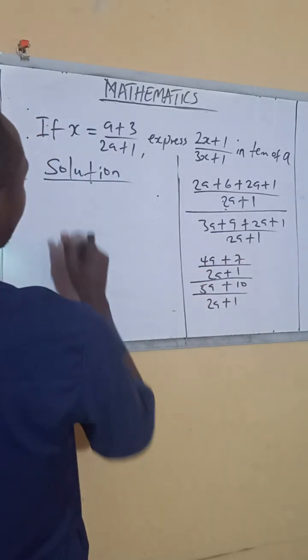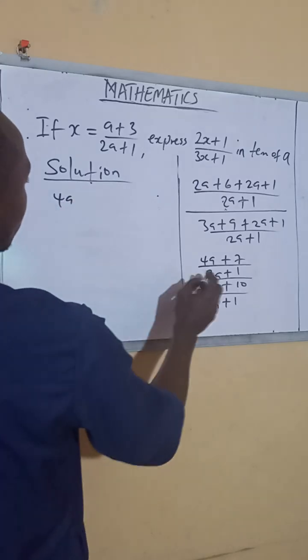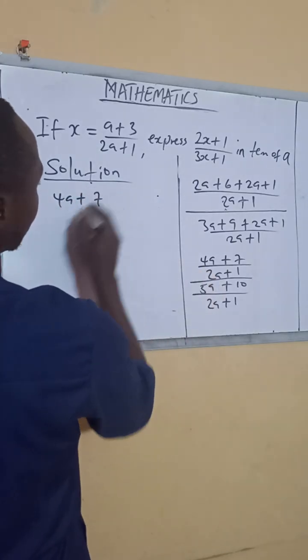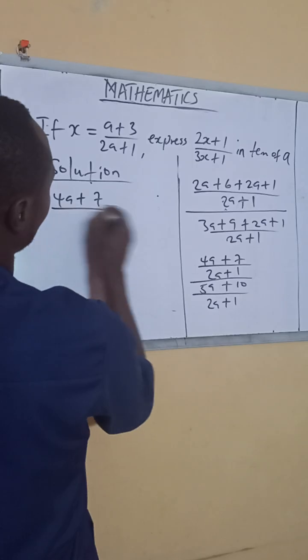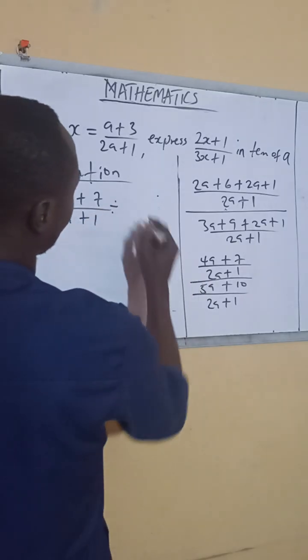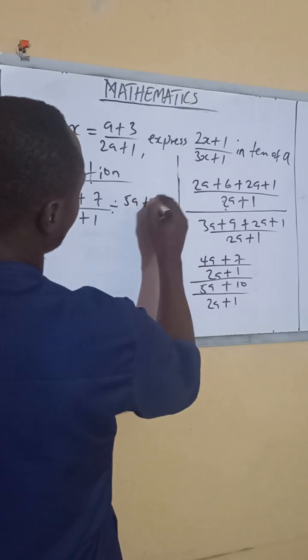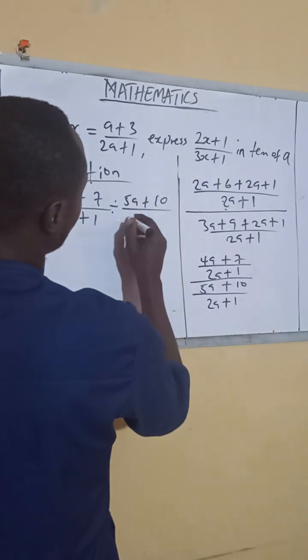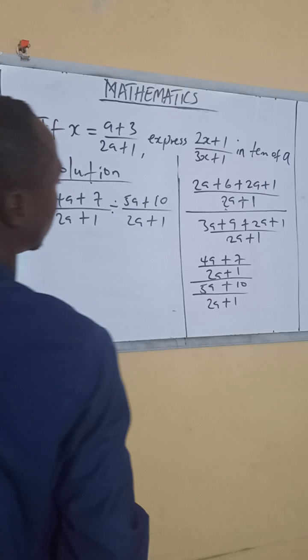You can decide to take this and say 4a plus 7 all over 2a plus 1 divided by 5a plus 10 all over 2a plus 1.